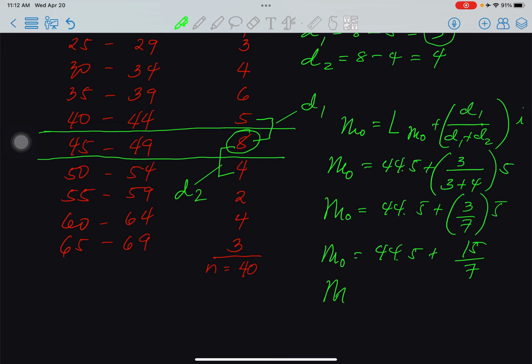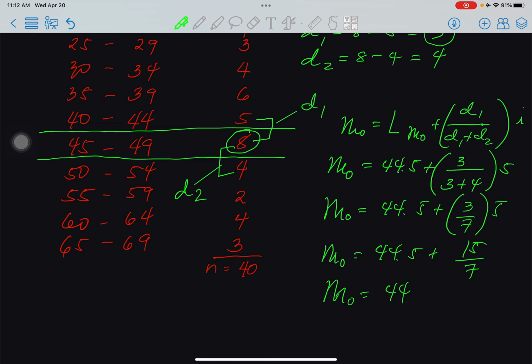Now, what is 15 divided by 7? 15 divided by 7 is approximately equal to 2.14.